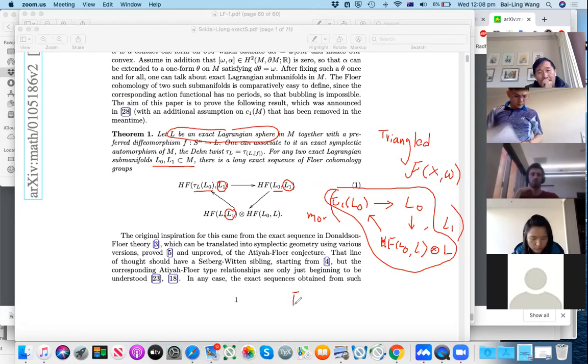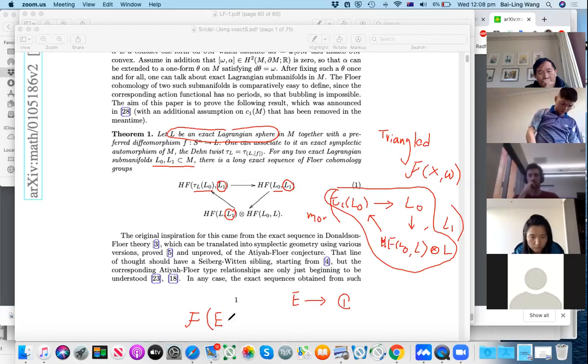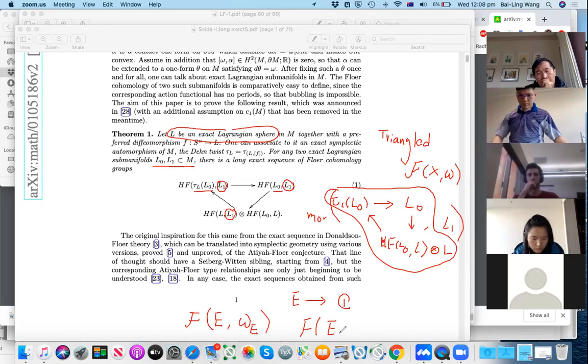If we go back, we have a Lefschetz fibration, and then we want to find the Fukaya category of this, and also the Fukaya category of the fiber, a fiber over some point c, a regular value.